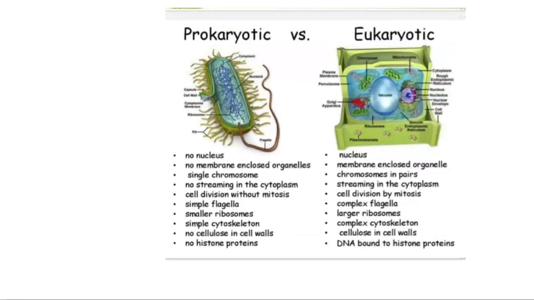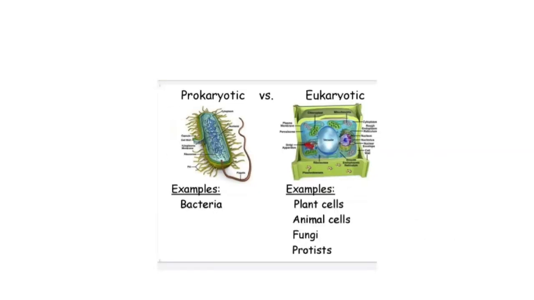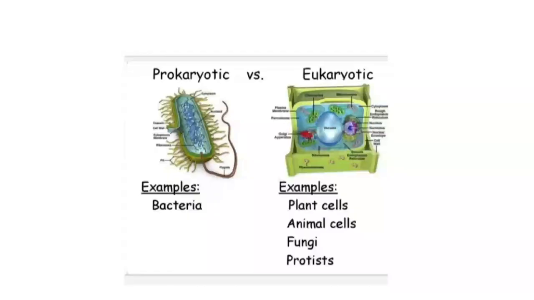Prokaryotic cells have no histone proteins and eukaryotic cells have DNA bound to histone protein. Then next, these are the examples of prokaryotic and eukaryotic. Prokaryotic examples are bacteria, and eukaryotic cells examples are plant cells, animal cells, fungi and protists.